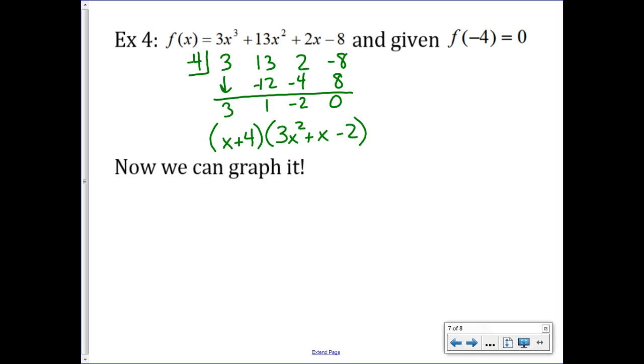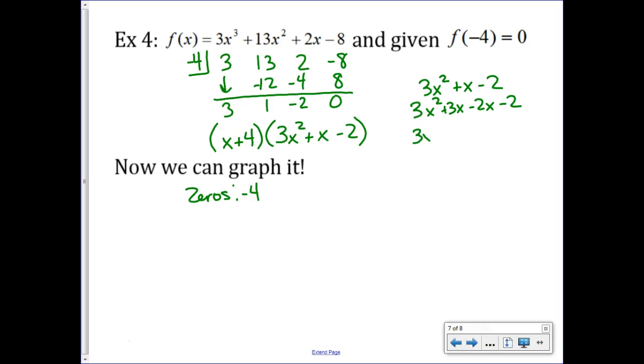So now we can graph this. We have one of our zeros is negative 4. We know that we could factor 3x squared plus x minus 2. We need something that multiplies to negative 6 and adds to positive 1. That would be positive 3 and negative 2.